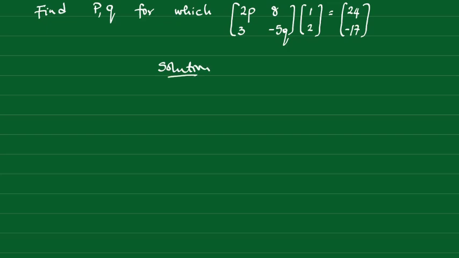Write solution. Let's start. We know that in multiplication of matrix by matrix, the operation is carried out by multiplying row by column.